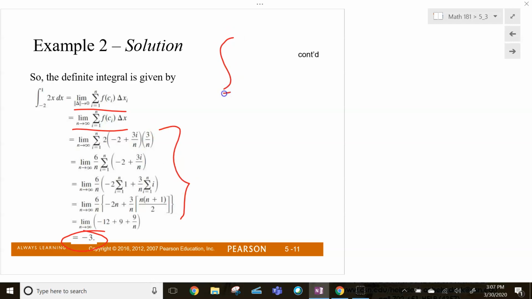Well, now we can just take the definite integral. So let's integrate 2x. So 2x to the 2 over 2. Remember, go up 1. So it's x squared, from -2 to 1. So here's our antiderivative.